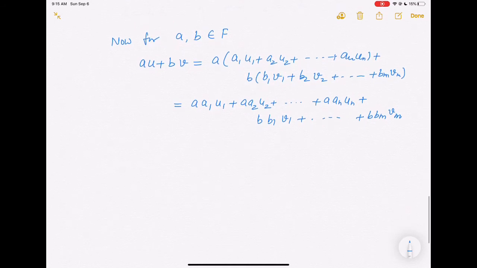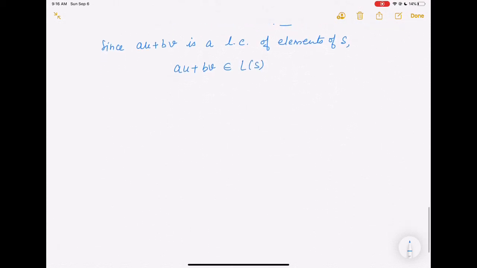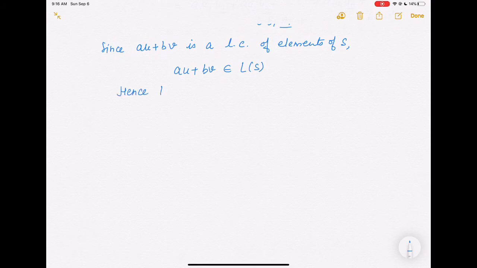Now you can see au plus bv is a linear combination of elements of S, because u1, u2, ..., un, v1, v2, ..., vm all are members of S. Since au plus bv is a linear combination of elements of S, au plus bv belongs to L(S). Hence L(S) is a subspace of V.